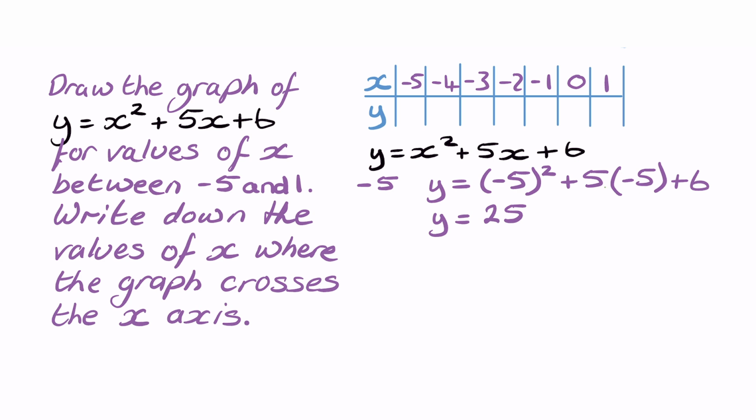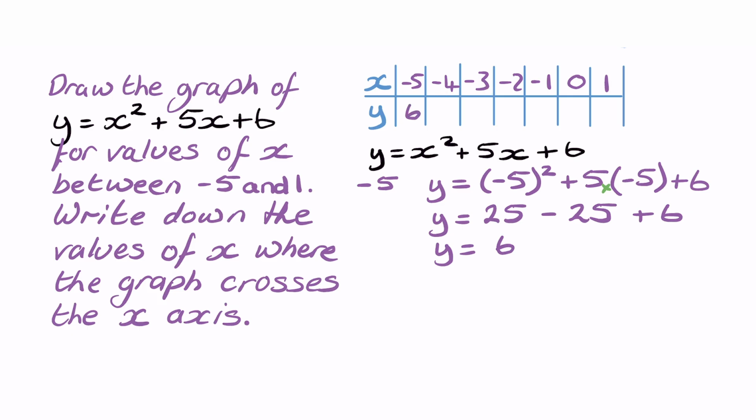There is an invisible multiplication sign between that number and the bracket, so whatever is inside the bracket needs to be multiplied by the +5. A positive multiplied by a negative gives a negative, and 5 times 5 is -25. At the end the 6 stays the same, so y equals 25 minus 25 is 0, plus 6 is 6. So you put 6 in there, and then you go on to do each one.